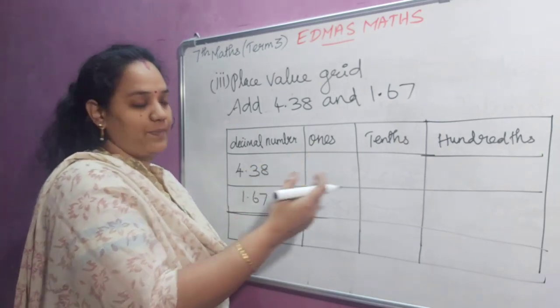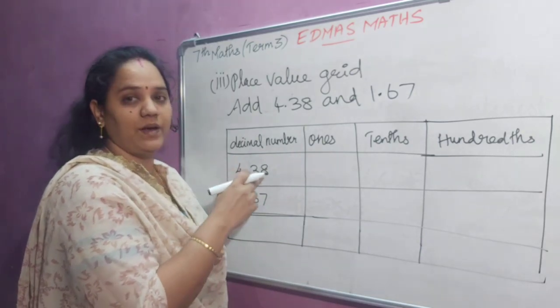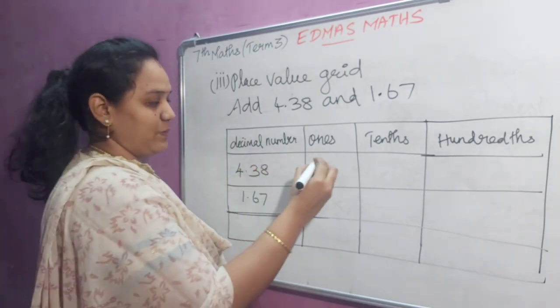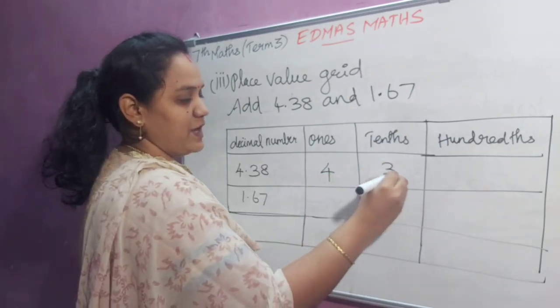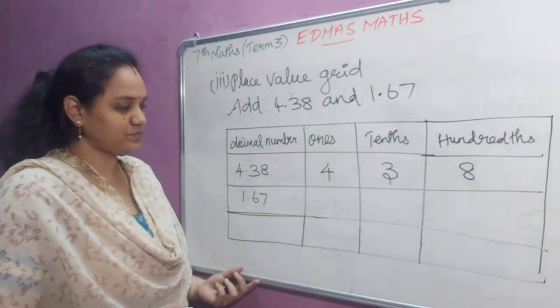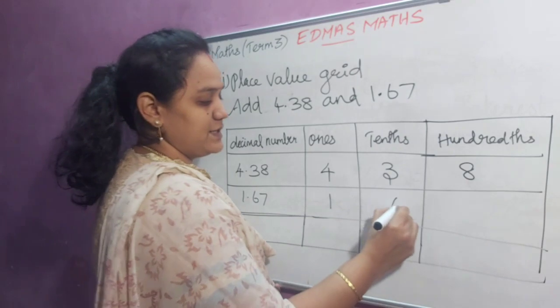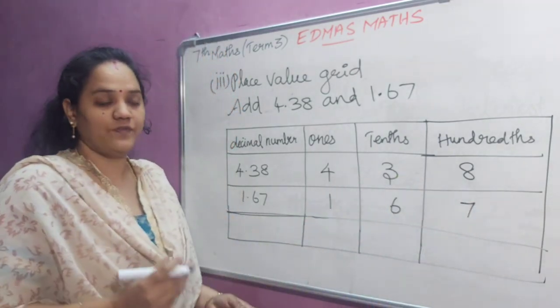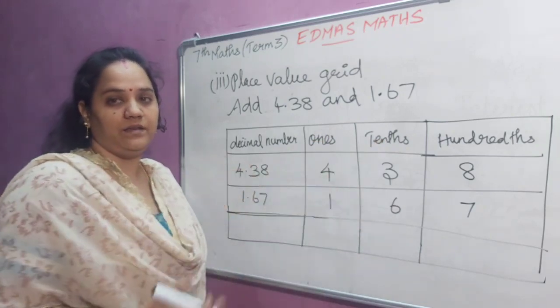So we can separate each decimal number according to the place value. So I am going to write that. So 4 is in the 1's place. In 10th place we have 3 and in 100th place we have 8. Likewise in 1's place I have 1, here 6 and 7. So first thing is we have to add these numbers separately.